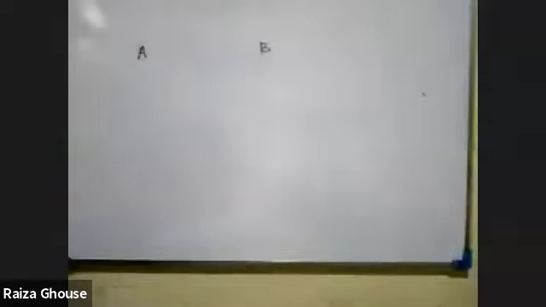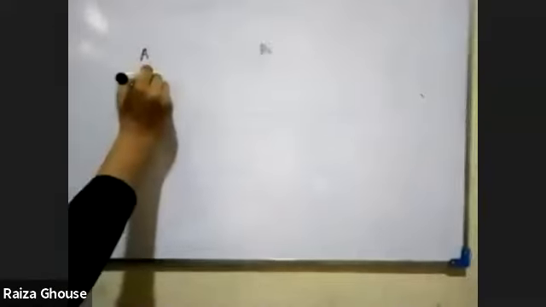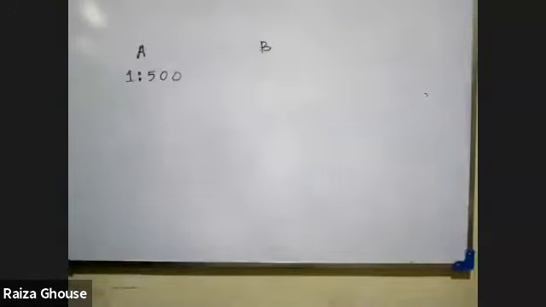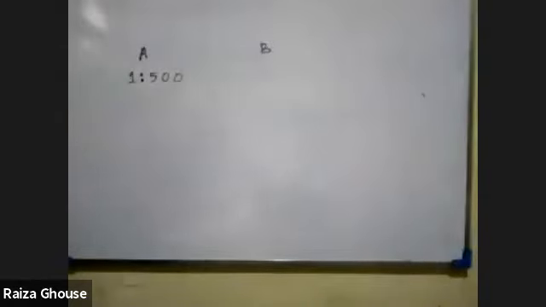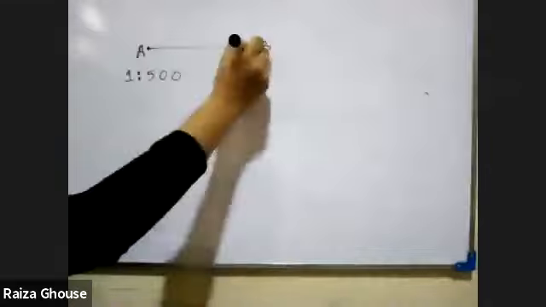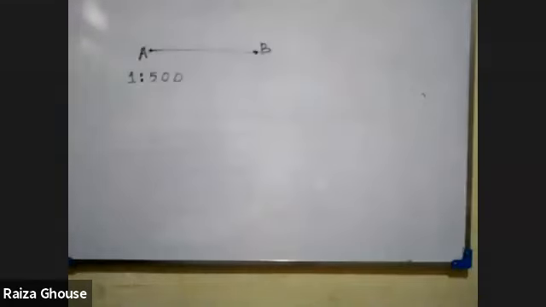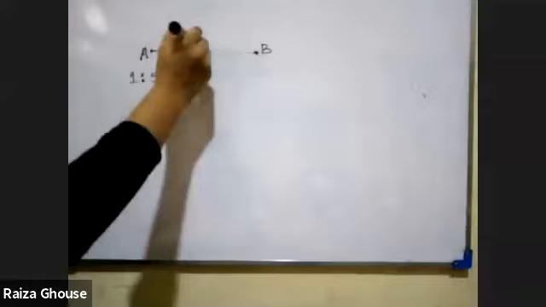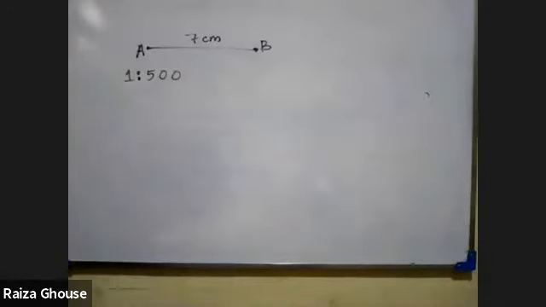Yes, the question is, if the distance between two places A and B, again in the diagram format, I'll draw in that board, A and B, drawn to the scale 1:500. Scale is given 1:500. In a scale drawing is 7 centimeter.